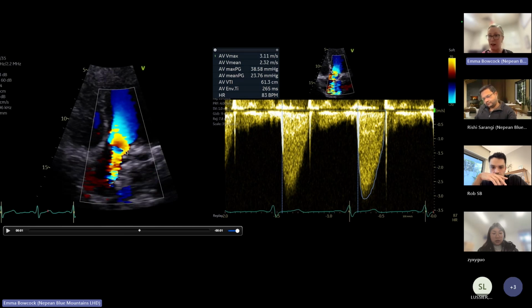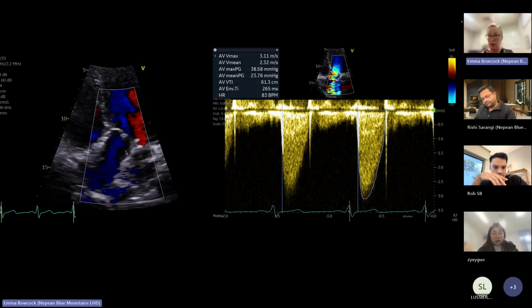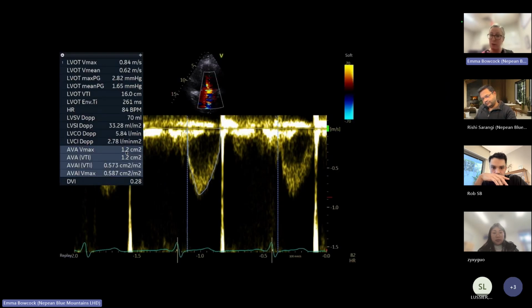The question I had about her: she's got velocities of 3.1, mean gradients 23, her DSI is 0.28, and the aortic valve area by the continuity equation is 1.2, which would put her again in the moderate category, between 1 and 1.5. The question I would like to hear you ask about that is, what was the LVOT VTI diameter?